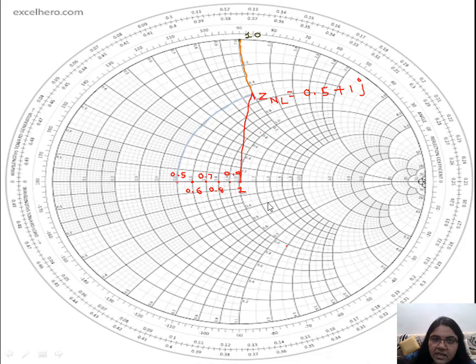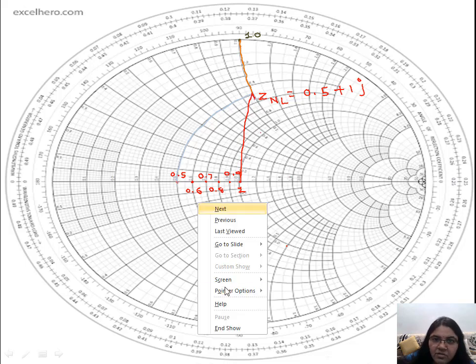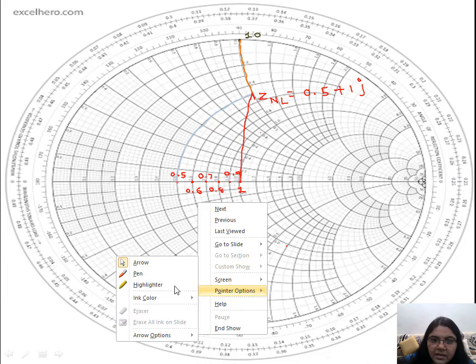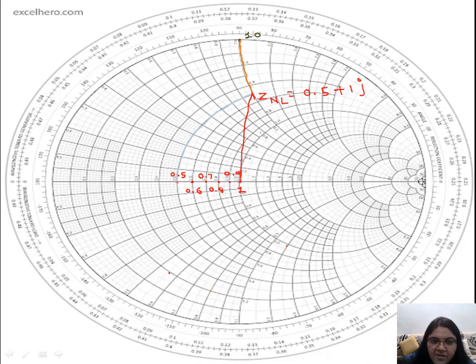Now you can see over here that from the graph we have the value of ZNL. Fine. So this is my normalized value of the impedance.